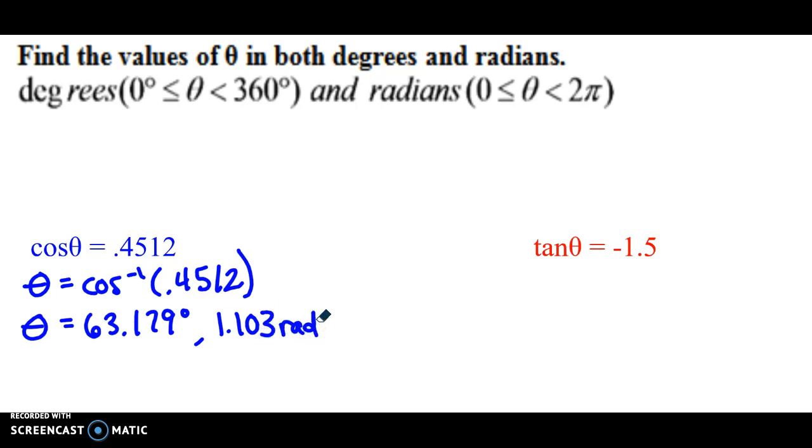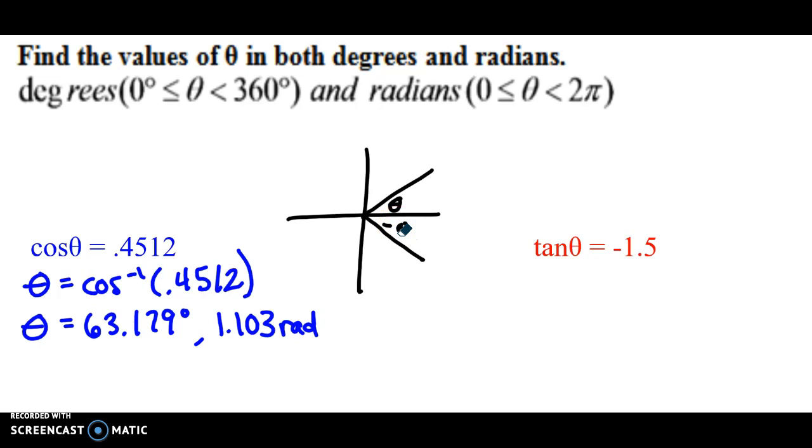That is part of my answer, but there's more to it. If I think about what this looks like graphically, cosine of theta has to be in either quadrant 1 or quadrant 4. So let's say that this is theta. Since cosine is an even function, we know that cosine of theta is equal to cosine of negative theta.